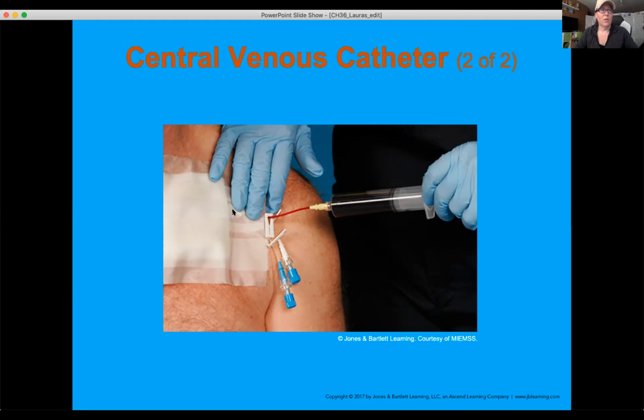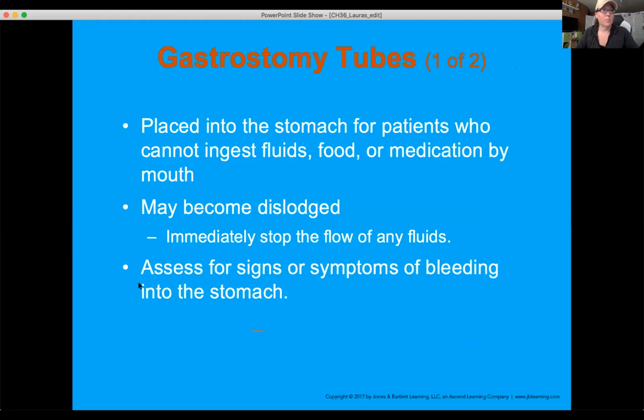It's not like you can put a tourniquet right here on that patient. You're going to hold pressure on a somewhat firm piece of tubing to try and keep it from bleeding. I heard of a cop using QuikClot on one up in the arm and they were able to save the patient's life that way. But a broken central venous catheter is a real emergency, but we just don't mess with them.